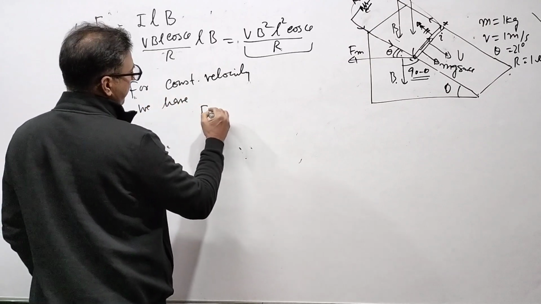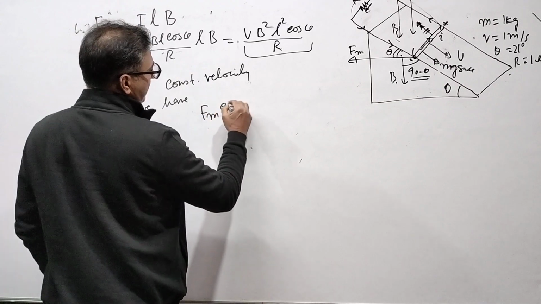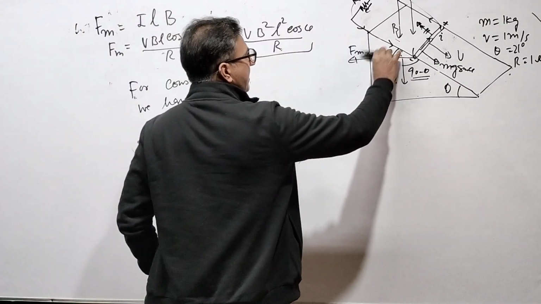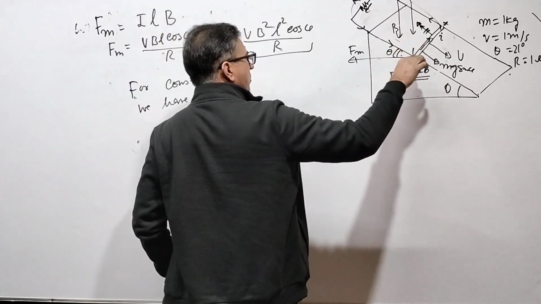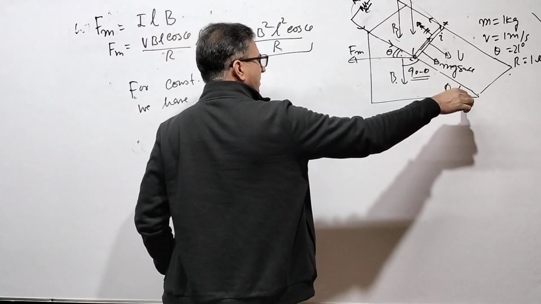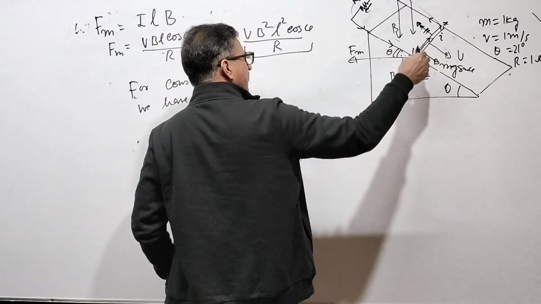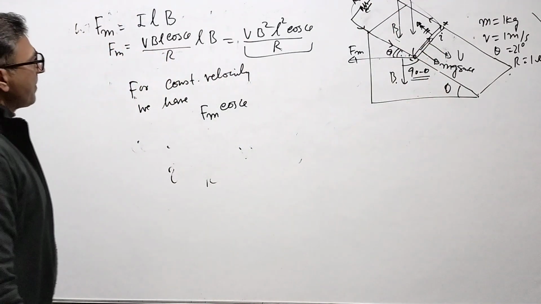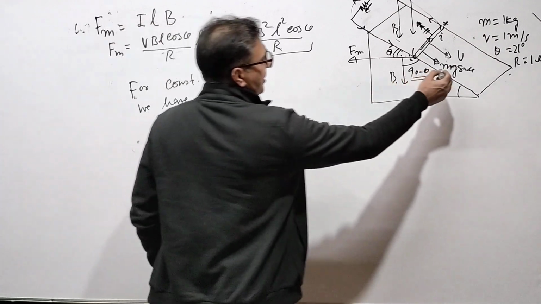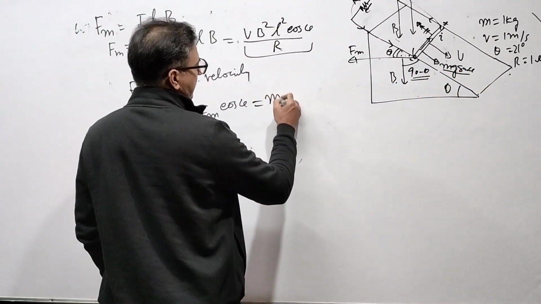What is that condition? FM cos theta. इस फोर्स का ये कंपोनेंट, लेकिन ये फोर्स इस प्लेन में नहीं है, देखो ये इनवर्ड्स करना है ये फोर्स. It makes theta with the horizontal direction, inverse horizontal direction, and then you get the component. So FM cos theta is equal to how much? Mg sin theta.